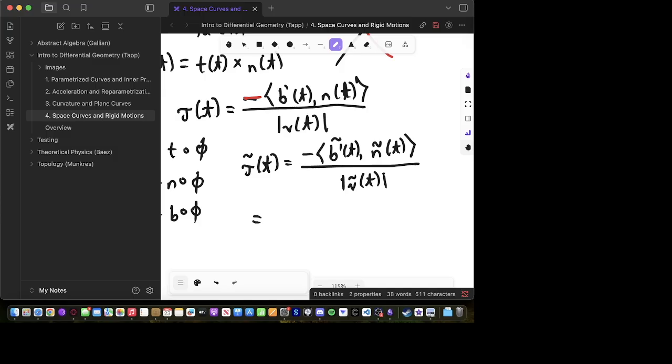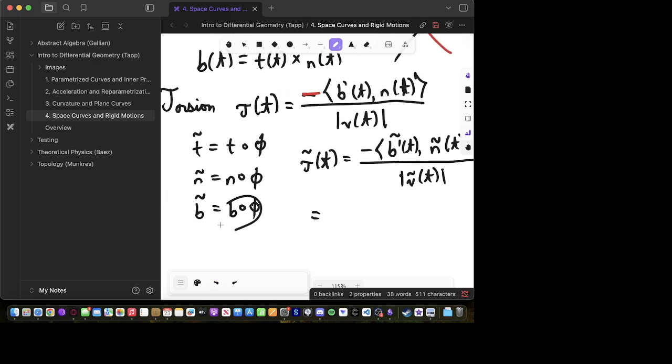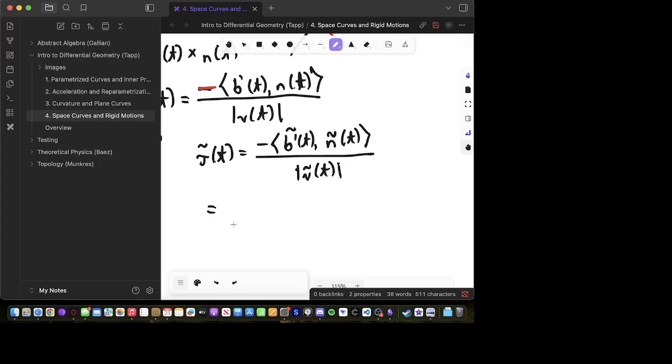and if we take a look at this, we can use the chain rule because we have this. So we have a regular binormal prime of phi of t times phi prime of t.